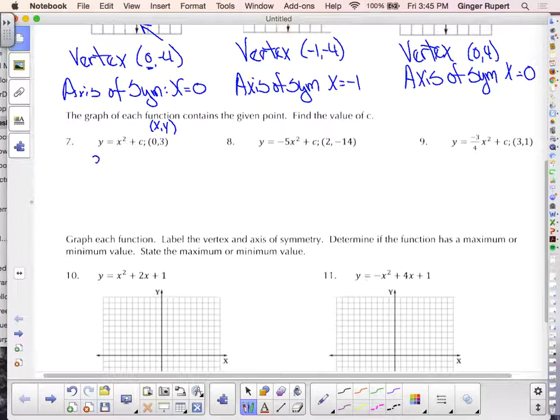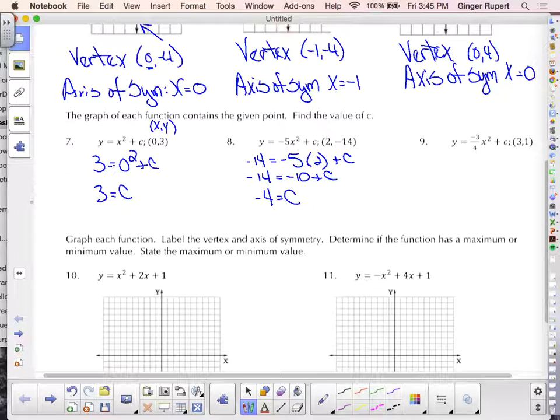Y is equal to 3, x is equal to 0, therefore c is equal to 3. In number 8, y is equal to negative 14, x is equal to 2, therefore I have minus 14 is equal to negative 10 plus c. Add the 10 to both sides, and you'll get minus 4 is equal to c.